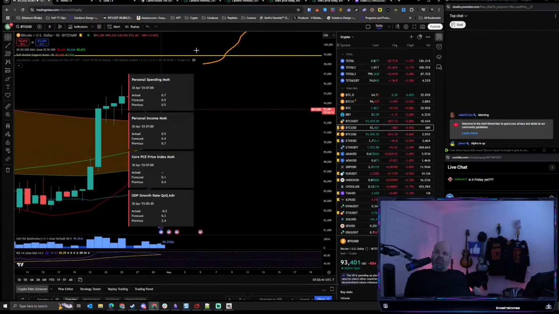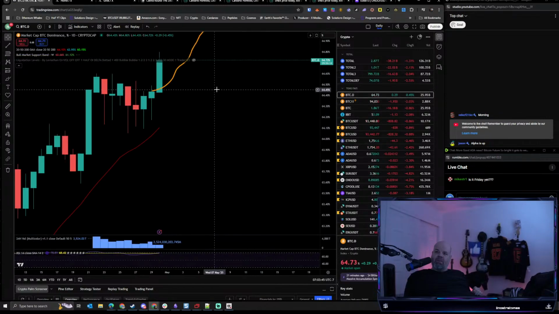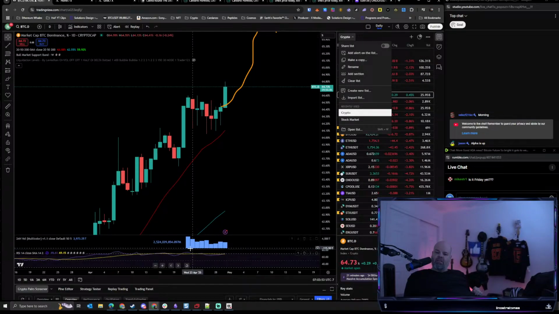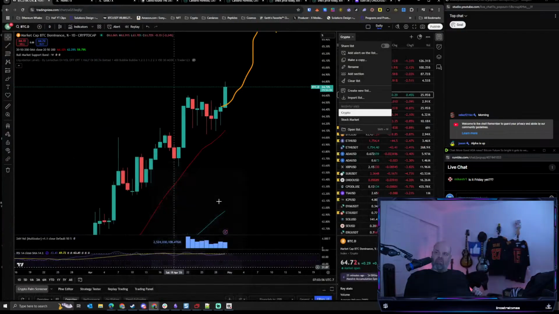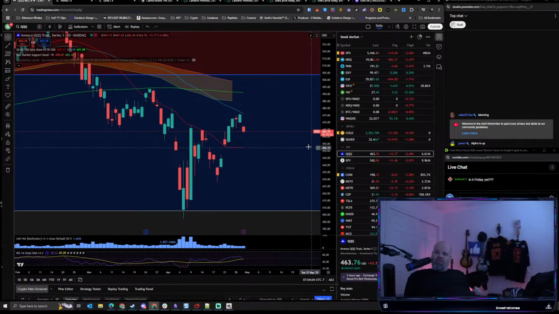Okay, Bitcoin's moving back up. That's the stock. I wonder if the stock market... Bitcoin dominance is actually going up, which is good. Got close to 65. What was I going to look at? Oh, QQQ, the cubes. 460.58.